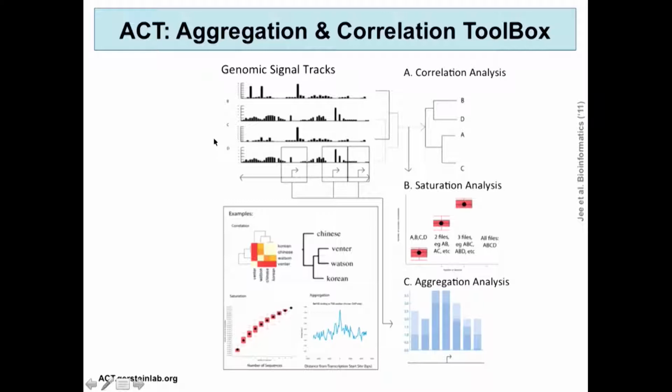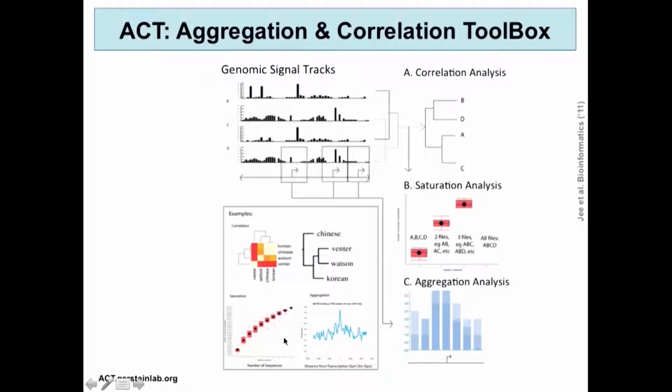One thing you're probably not going to talk about as much is that there's a discipline of signal processing that covers how you process signals, and there are some general things you can do with signals. One thing you can do with two signal tracks is correlate one track with another. We talked about that in relation to transcription factors. Another thing you can do is correlate them about certain anchors, and that gives rise to the aggregation plots.